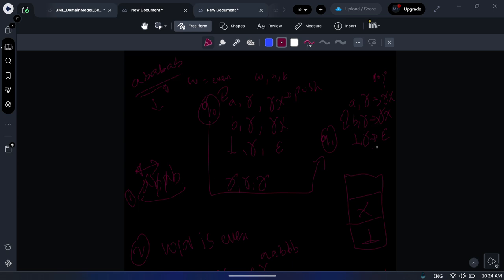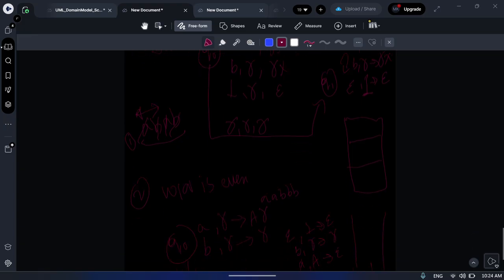You read a B, whatever is on the stack, pop it. And then we have a rule for this symbol: if you read nothing in the word and this symbol is on the stack, then pop it or make it nothing.